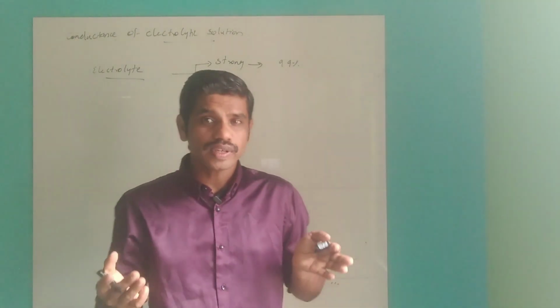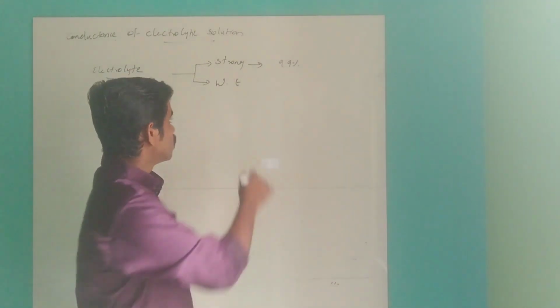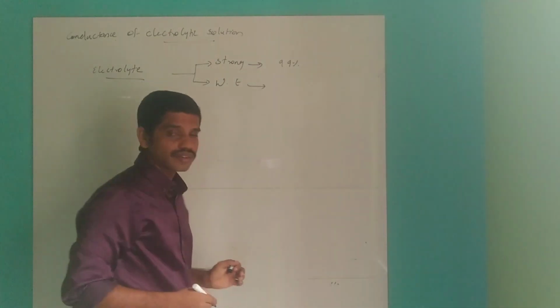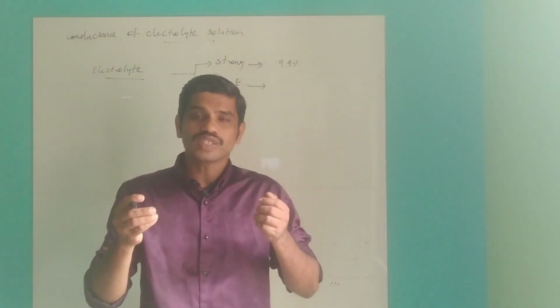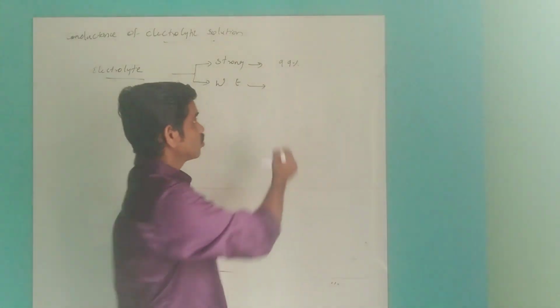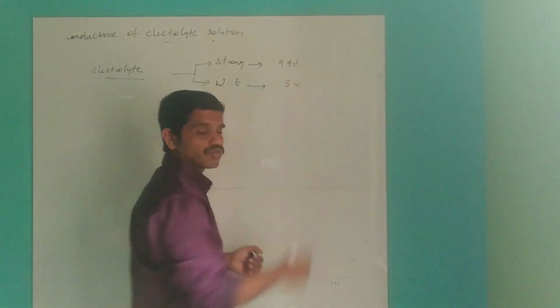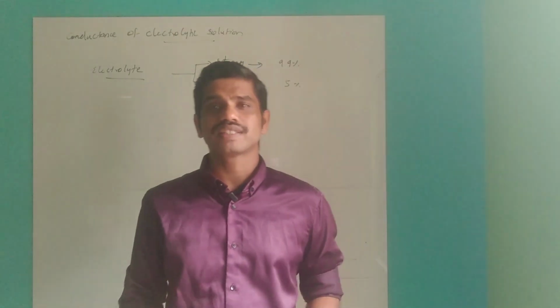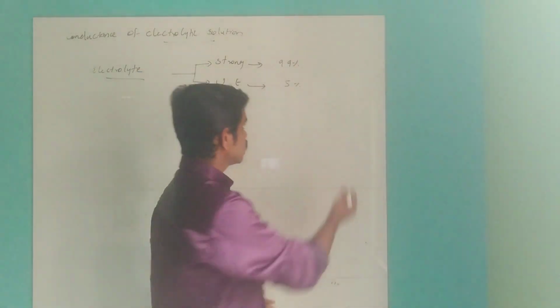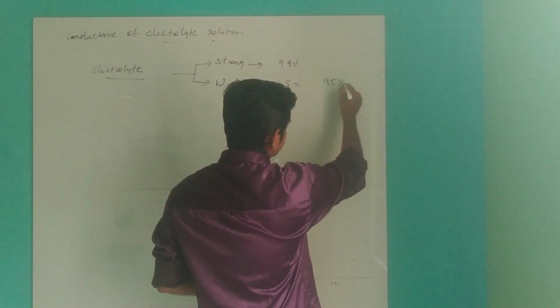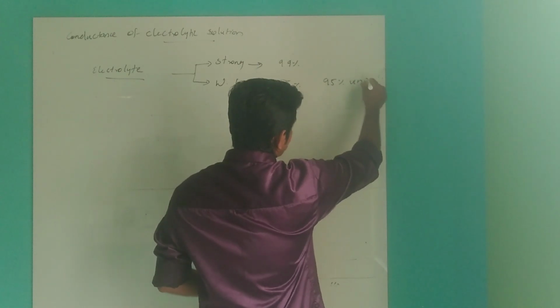But in the case of weak electrolytes, very little is ionized, about 5 or 10 percent. That means 95 percent is in unionized form.